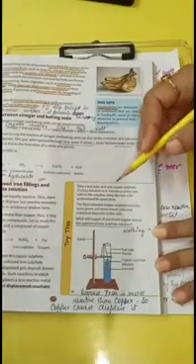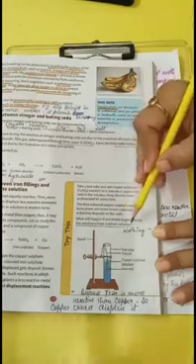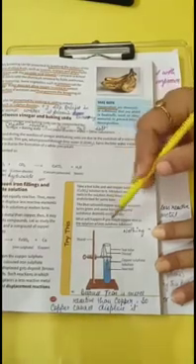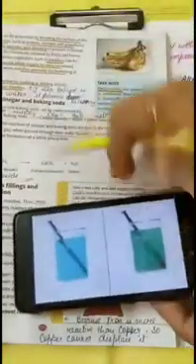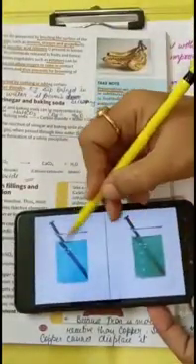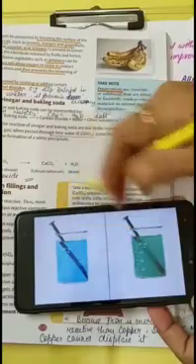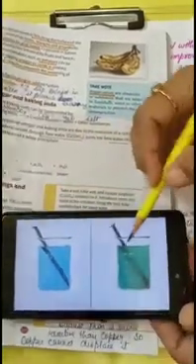Now what will happen if we take iron sulfate solution and dip a copper wire in it? Just the opposite of it. In this we took copper sulfate and dipped an iron nail. But what will happen if we insert a copper wire in this green solution?